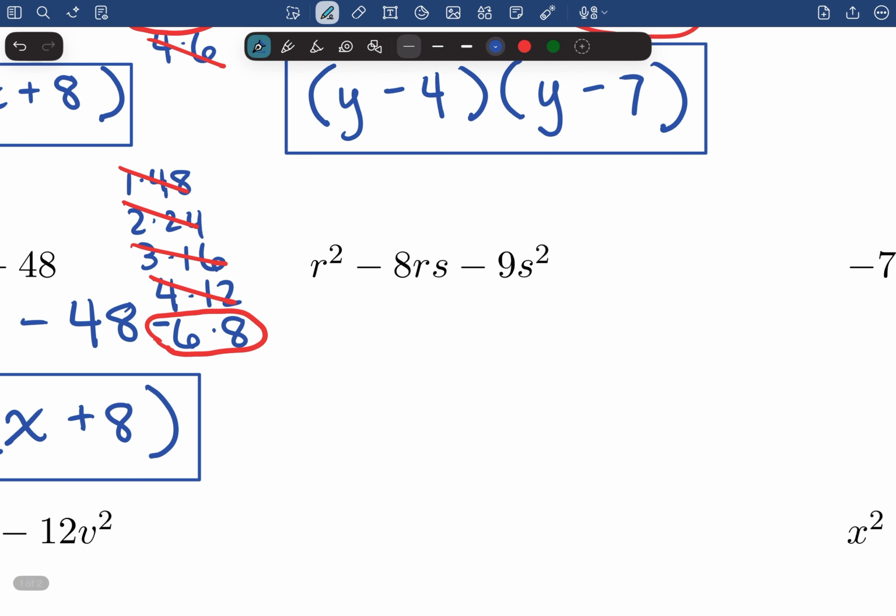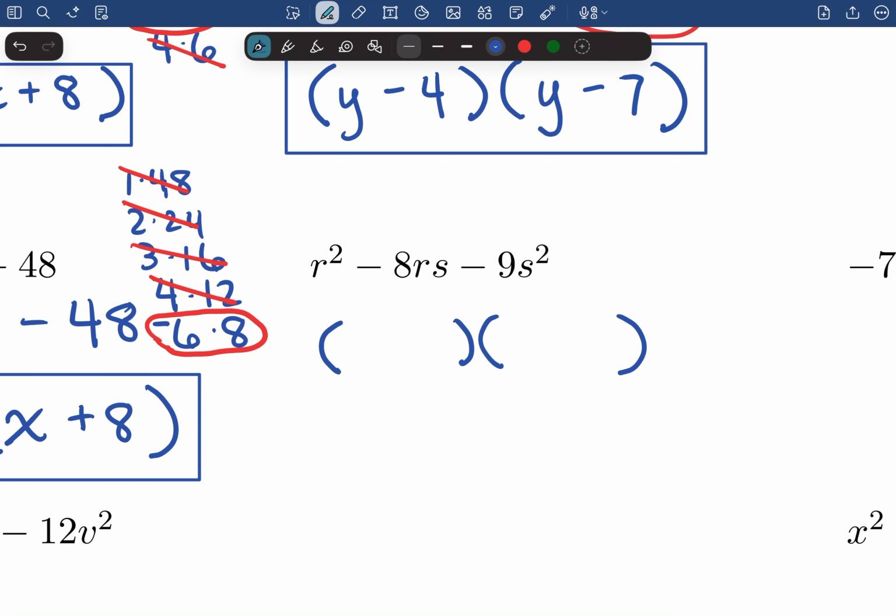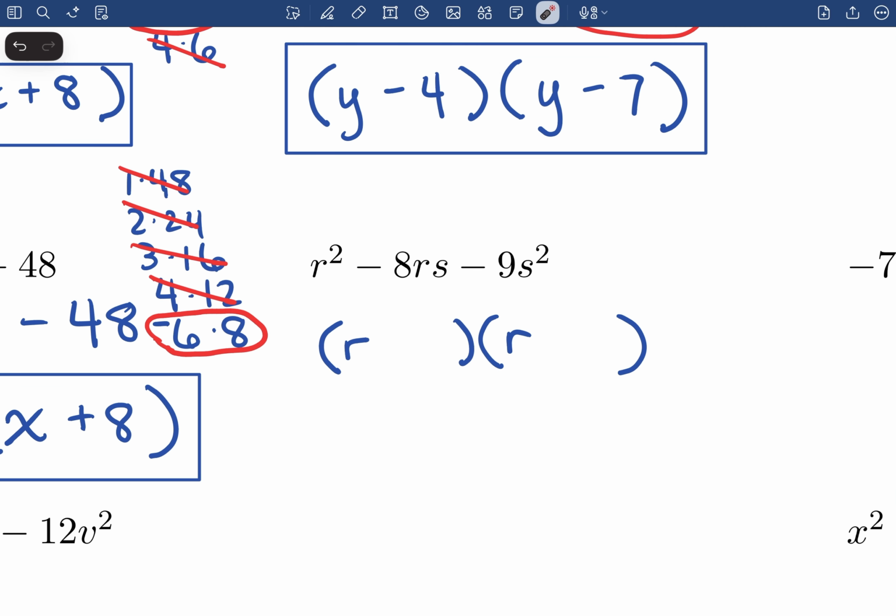So I'm first going to create two binomials, like this. And I know that r times r is r squared. So I'm going to make r the beginning of each binomial. All right, and now I really have to think about this next part, in the sense that I've got this second variable s.